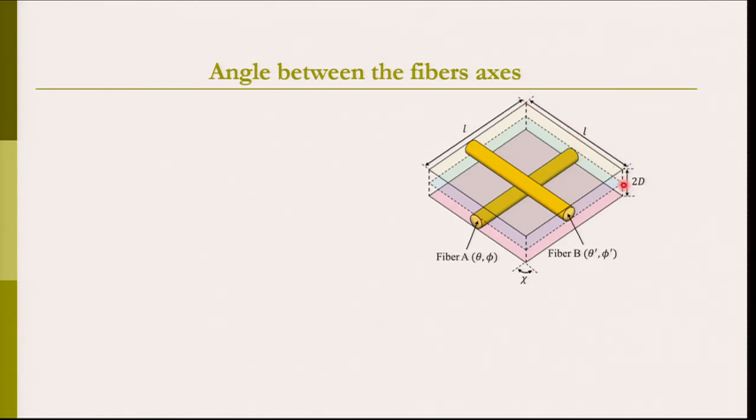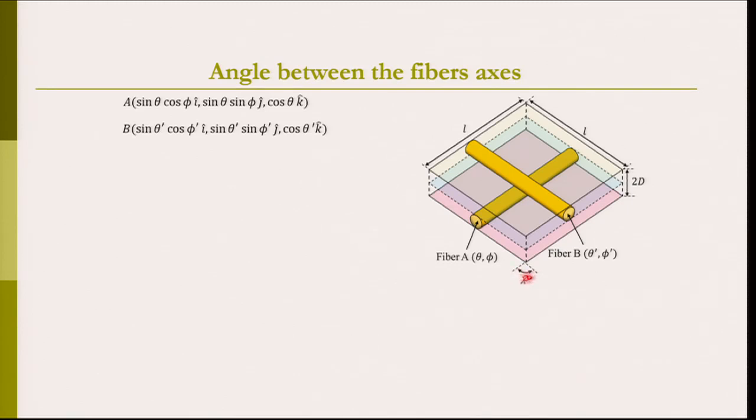Using the spherical coordinate system, the vector A, in this case fiber A, would have the orientation theta and phi. Accordingly, using the basic principle of stereology, we can calculate the projection on the x axis as sin theta cos phi, on the y axis as sin theta sin phi, and on the z axis as cos theta. Similarly, for fiber B, the vector coordinates would be sin theta dash cos phi dash, sin theta dash sin phi dash, and cos theta dash.